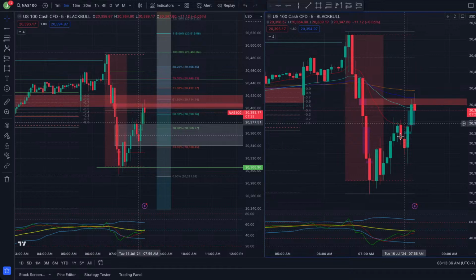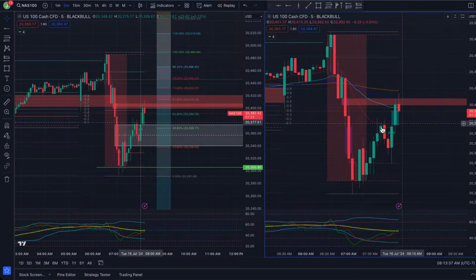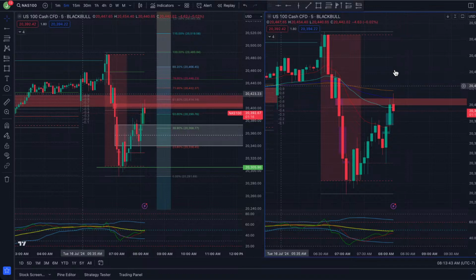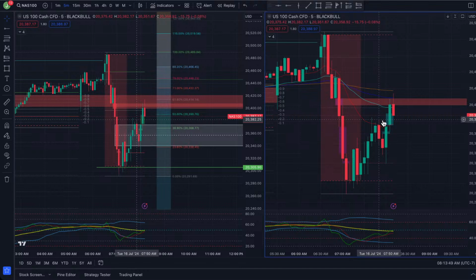So it's got a lot of boundaries to get through, a lot of resistance. If we're looking for a buy, we usually want to see little to no resistance. So we've also tapped, or close to tapping, the 238 on the 15, which is another rejection point.